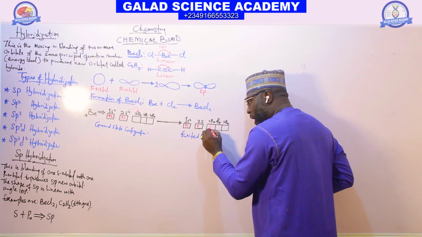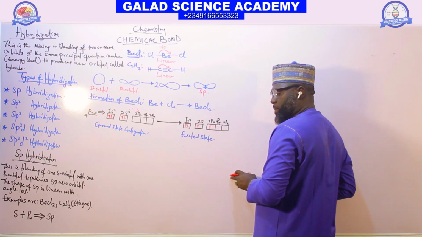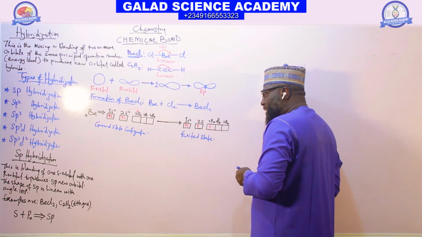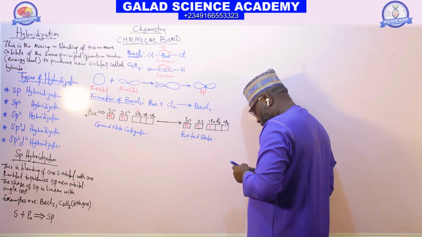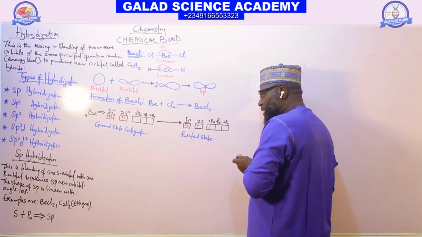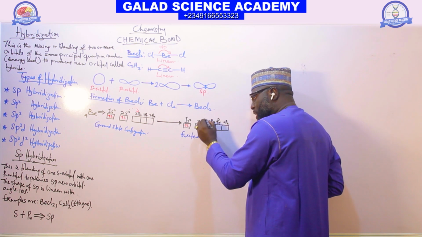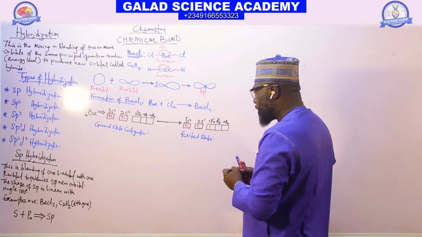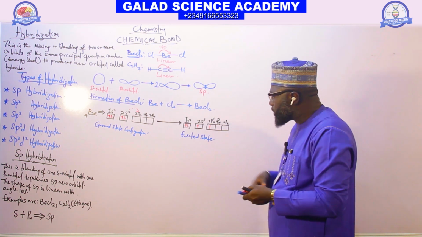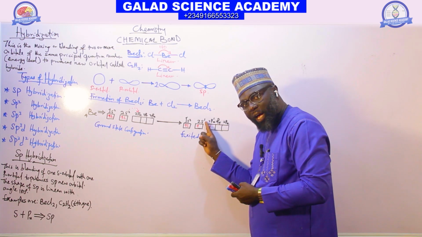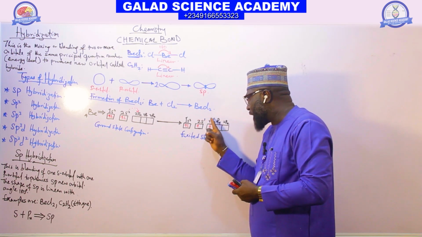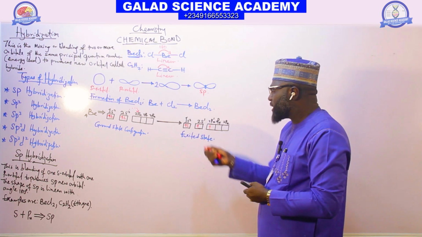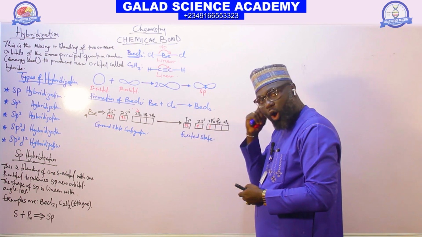We now have 1 electron here, so at this particular place, for this 2s here, we have 1 electron. You can see that this is the s orbital, 2s. This is the p orbital, 2p. They are at the same energy level. So this is the excited state of beryllium.